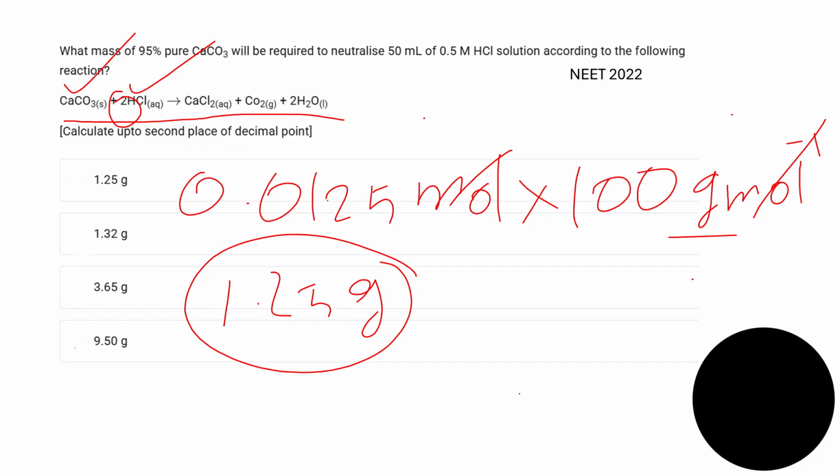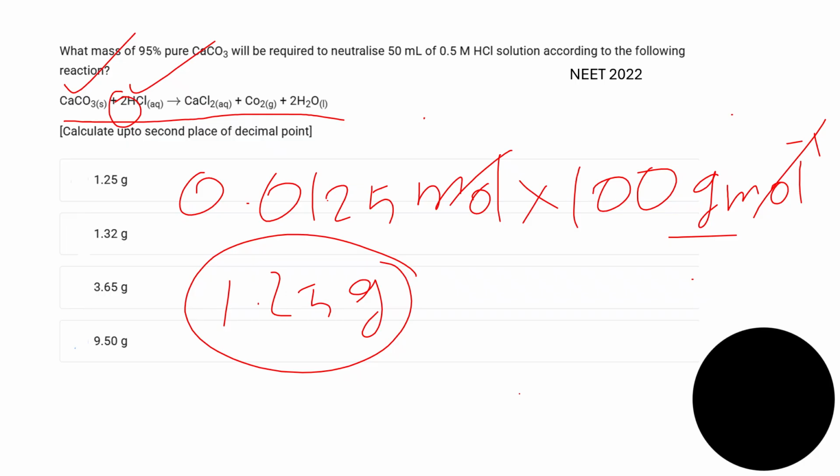We didn't consider 95% pure calcium carbonate up to this. After this we can consider the 95% purity. How to find the 95% pure calcium carbonate in this? Okay, right. 1.25 is what?